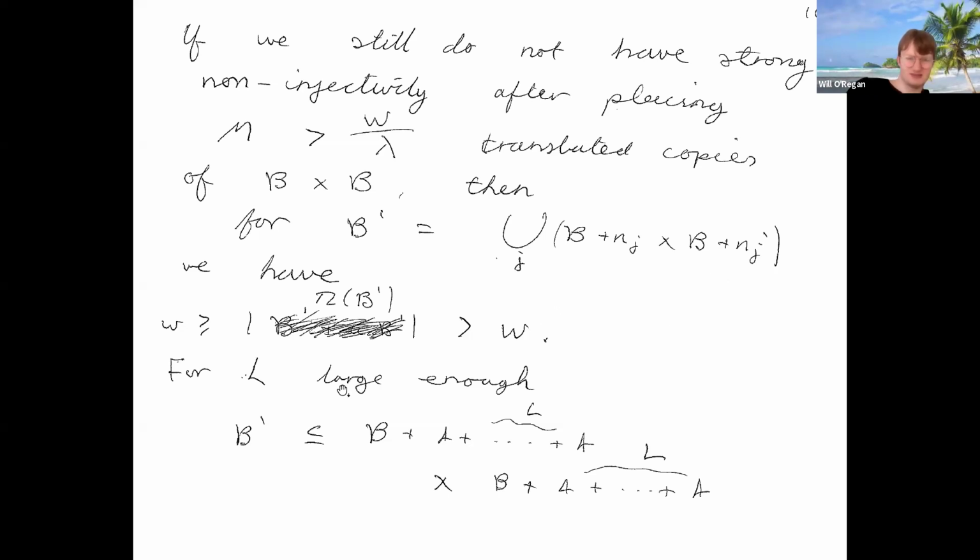So as long as you have L large enough, this B prime is contained in B plus some number of sums of A, and again some number of sums of A. L is some fairly large number.